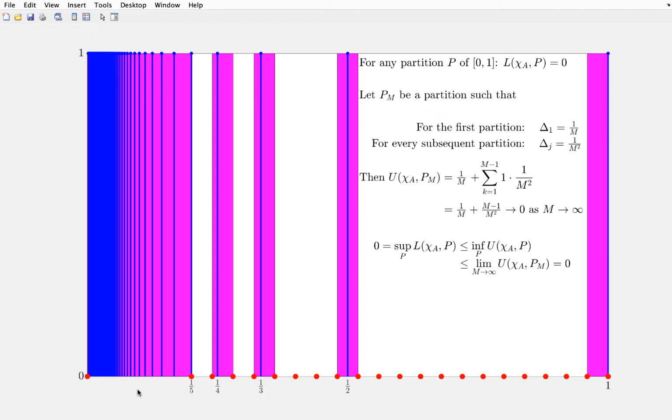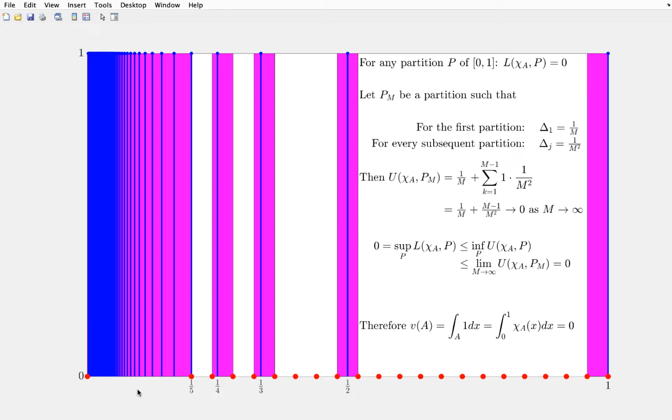And that's less than or equal to the limit, because every term in that sequence indexed by m is in the set of upper sums for all partitions. So whatever it converges to must be greater than a lower bound, and an infimum is a lower bound. And of course, the limit as m goes to infinity is 0. That's what we just proved.